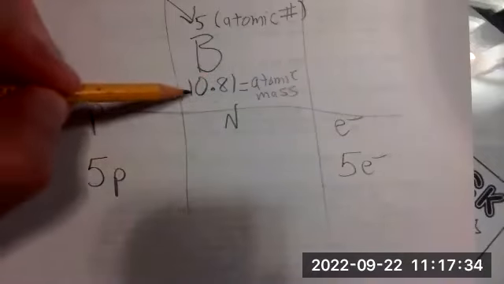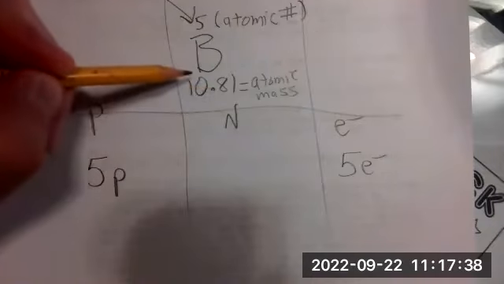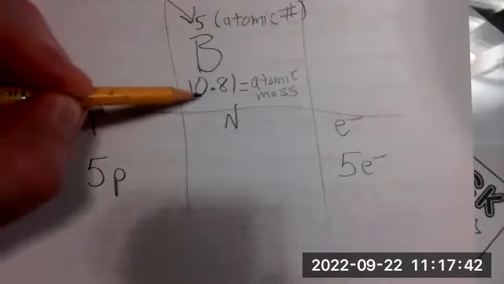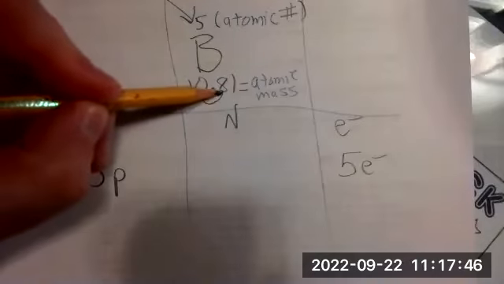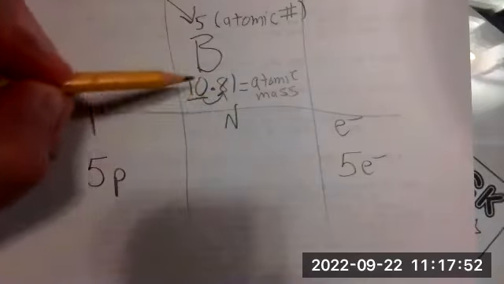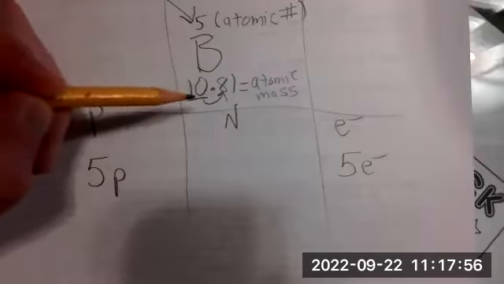When we take the atomic mass from the periodic table, which is a decimal, and round it to the nearest whole number, looking at the next digit to the right, I create what's known as the mass number.